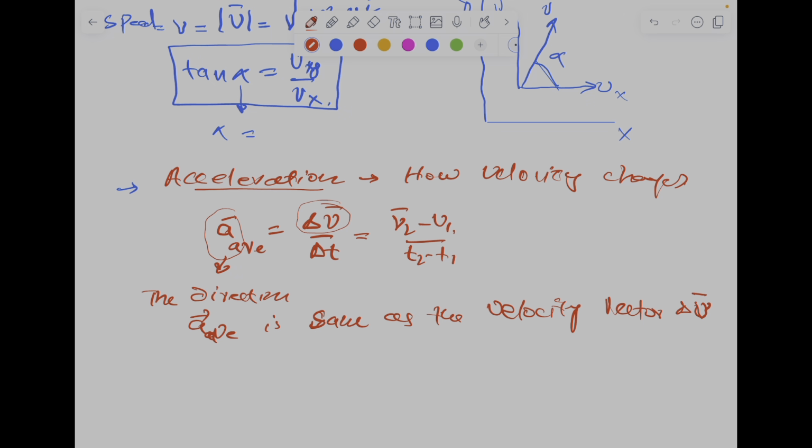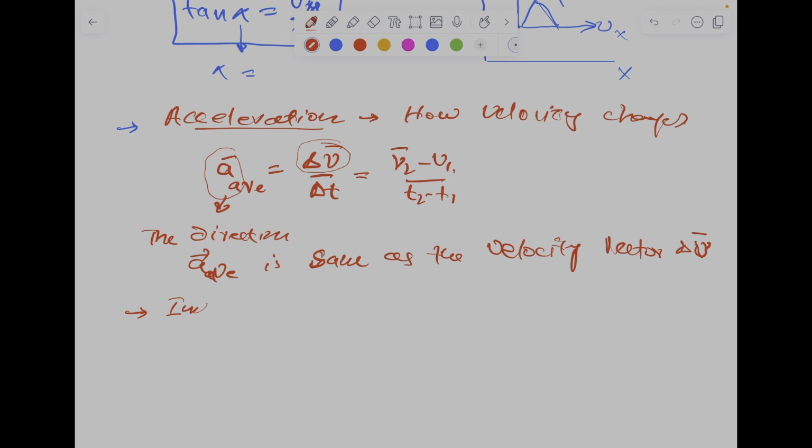Similarly, we can find the instantaneous acceleration. The instantaneous acceleration vector, because we are in 3D, is the instantaneous rate of change of velocity with respect to time.